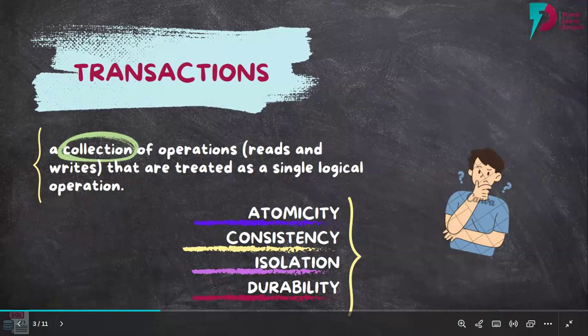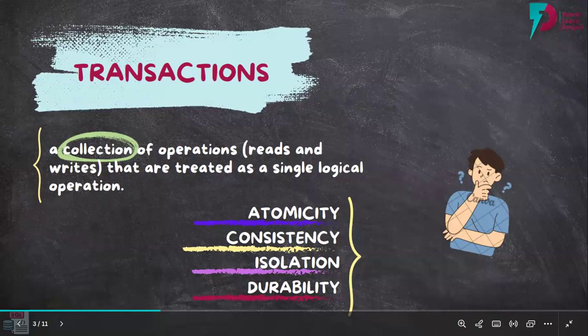It refers to two or more transactions trying to modify or read the same database record at the same time. So, in order to avoid getting errors, your DBMS must have the isolation property added to it.